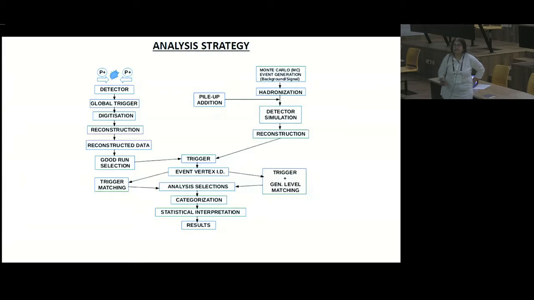Now the analysis strategy. All this is more or less general for every analysis that we go through, and slowly we will come to the tau analysis. After we collide these proton versus proton beams at LHC, there is my detector sitting here. After the data is collected, it has to be passed through something called the trigger condition.